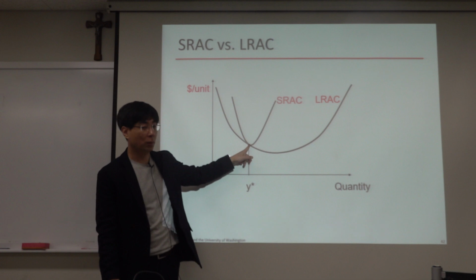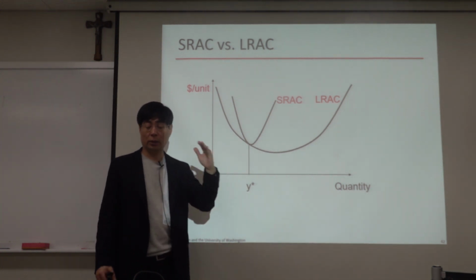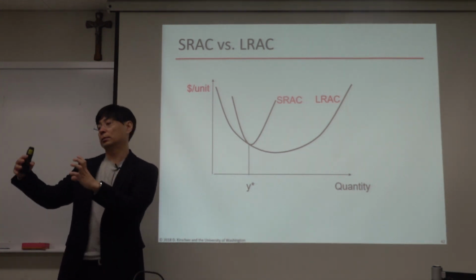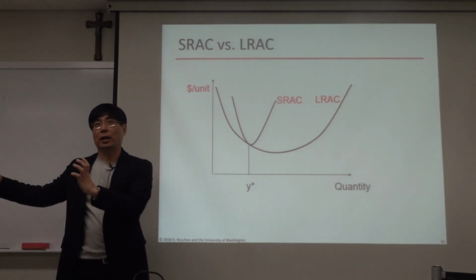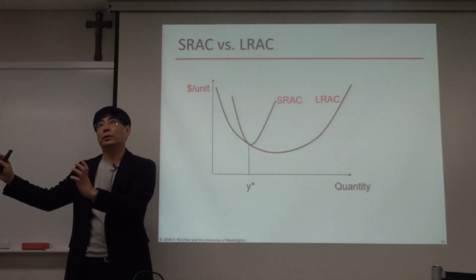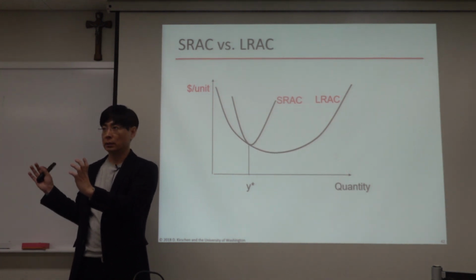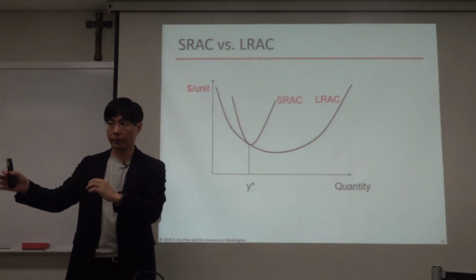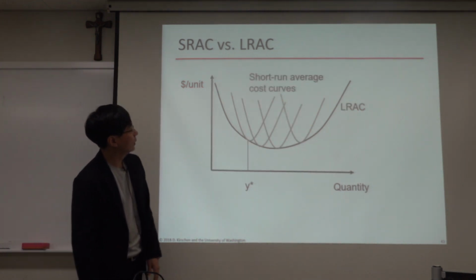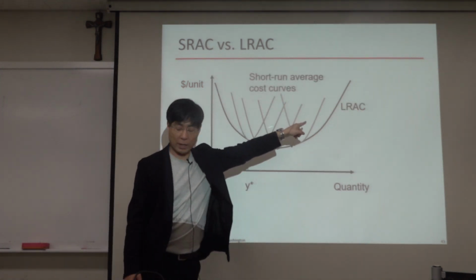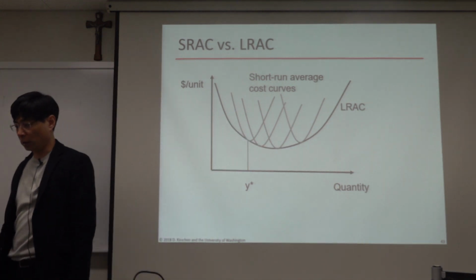So that's this point. In a short run, we assume some fixed value of some other factors, but that value can, at some point, be an optimized value for some scenario. That's why we have this kind of shape. So you need to remember this long run average cost is the lower bound of the short run average cost.